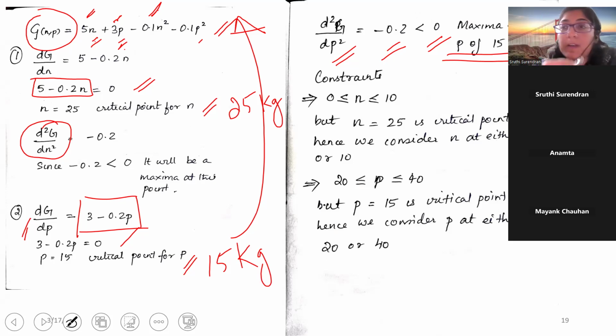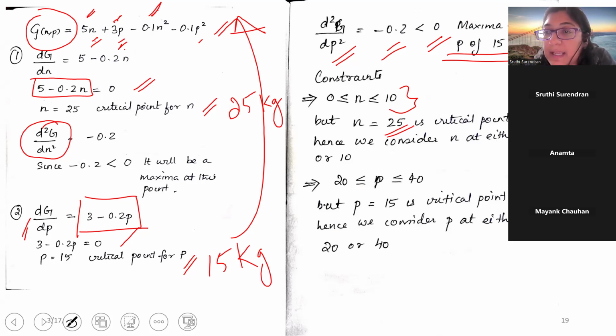Now, next step, we go to the constraint. In the constraint, we know that any quantity more than this is toxic to the plant. So we have to have the nitrogen quantity equal to or less than 10 kilograms. So N at 25 is not a possible value that nitrogen can take.